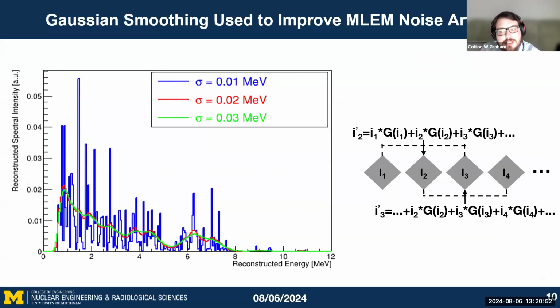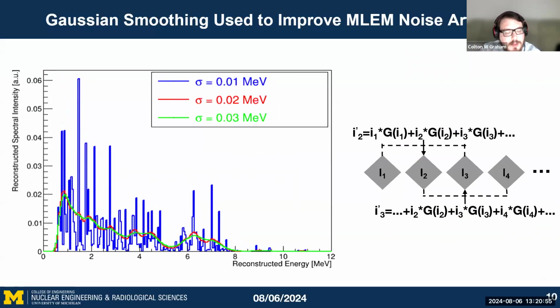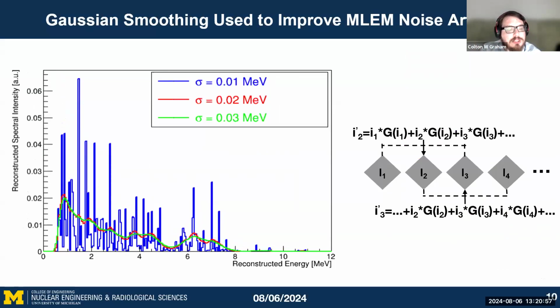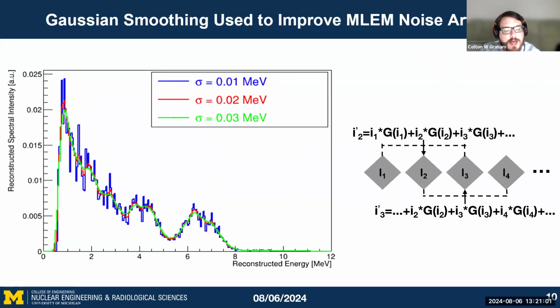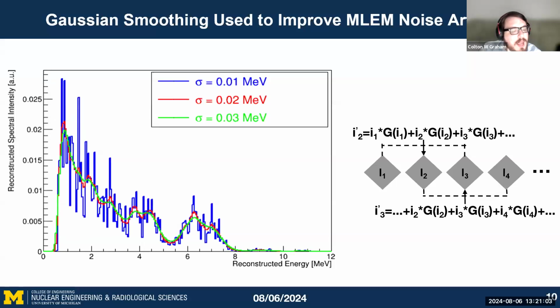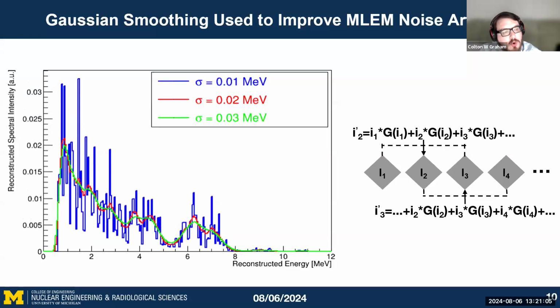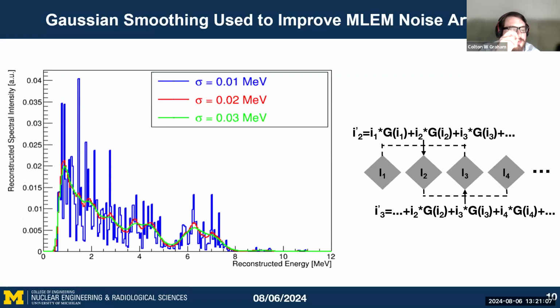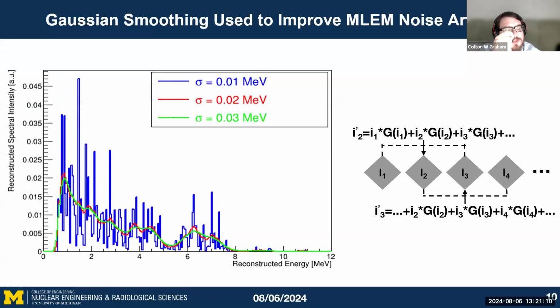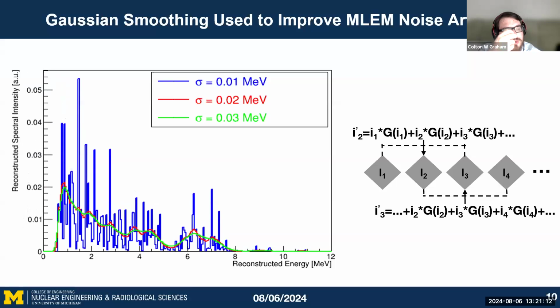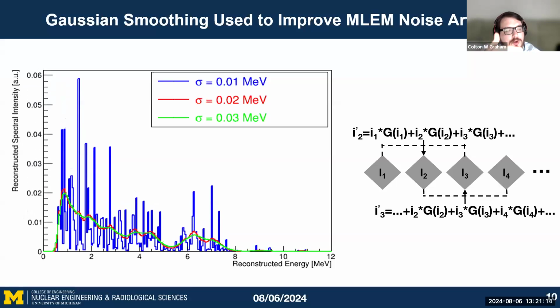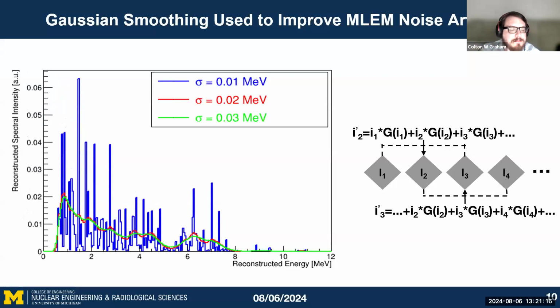Essentially, between each iteration of MLEM, we apply Gaussian smoothing using a variable standard deviation of that Gaussian kernel. And this effectively suppresses noise in the reconstructed spectrum while still allowing for relatively intense true gamma ray peaks to come through in the reconstructed spectrum.